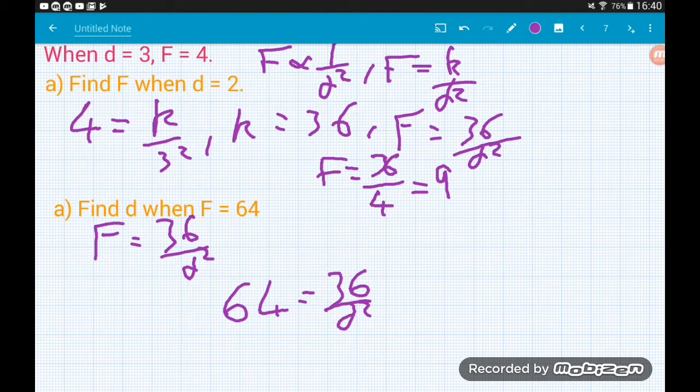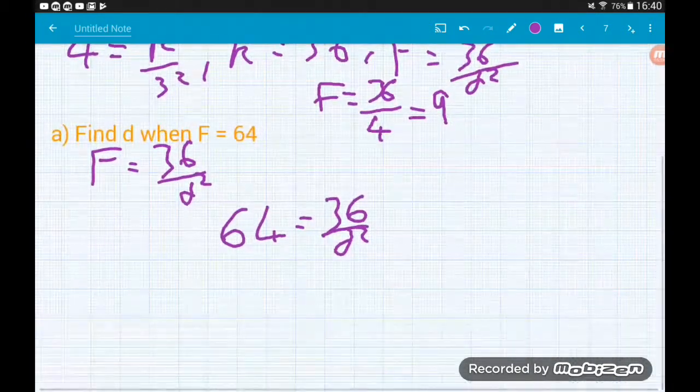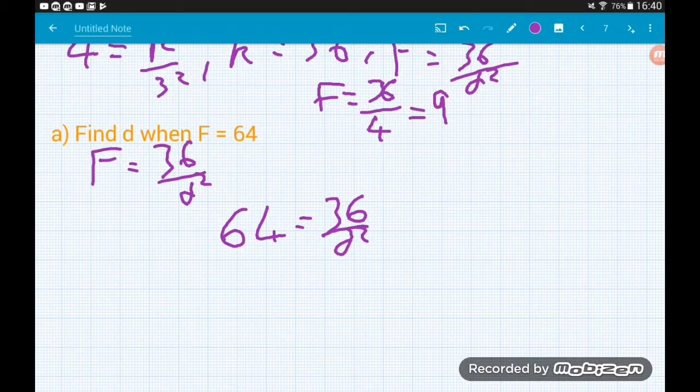Now what we've got going on here, we've got a square number on the left, 64 is a square number, and 36 over D squared is a square number too, because 36 is a square and D squared is a square. So what we can do here is square root on both sides, so we will get 8 is equal to 6 over D. All we've done again is square root everything, because everything was square.